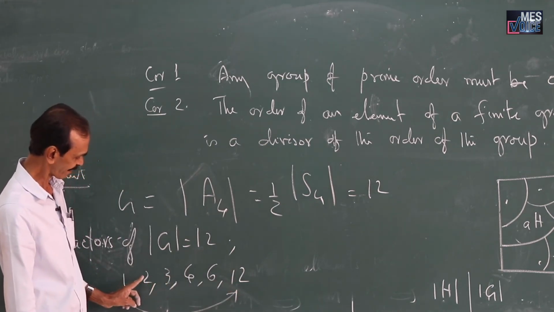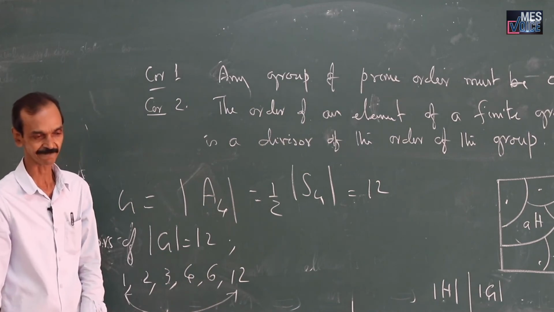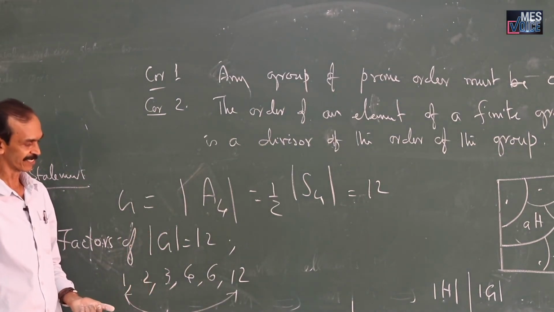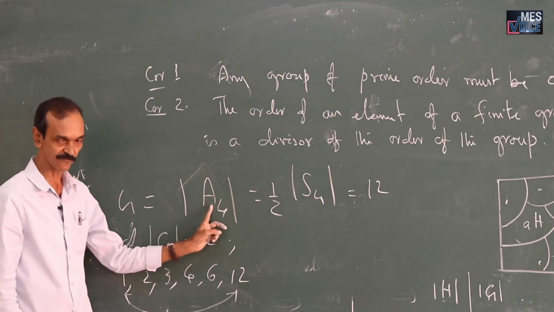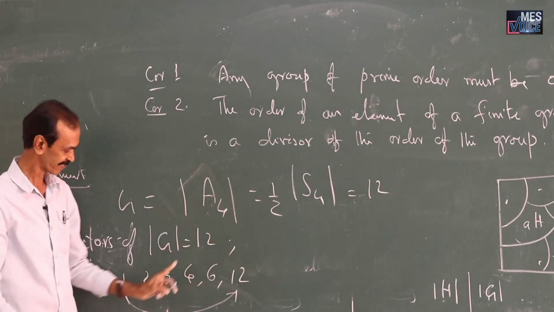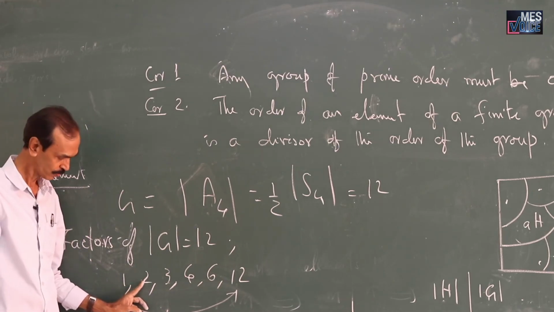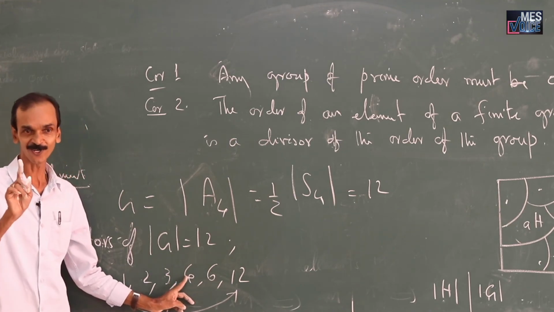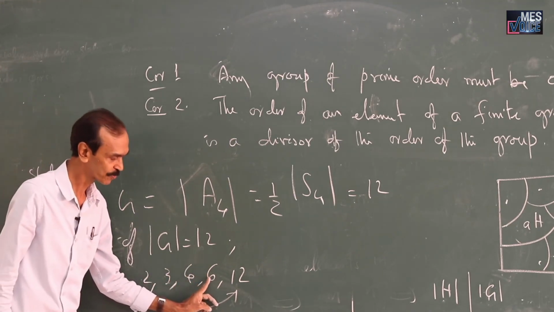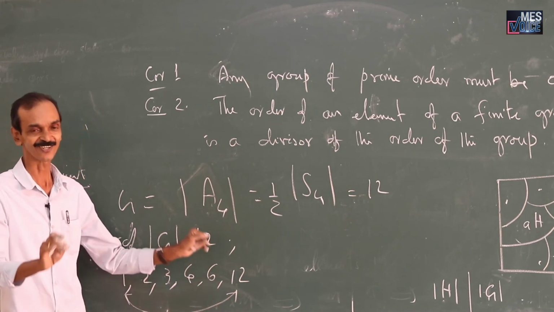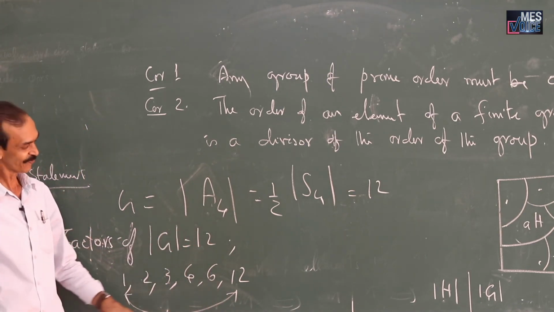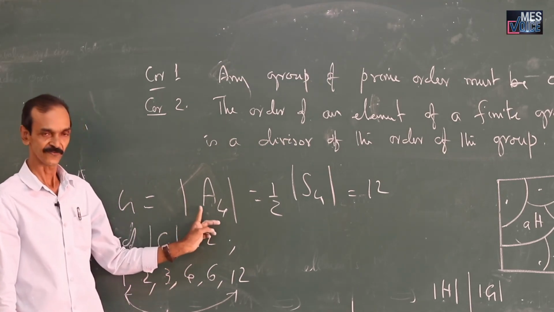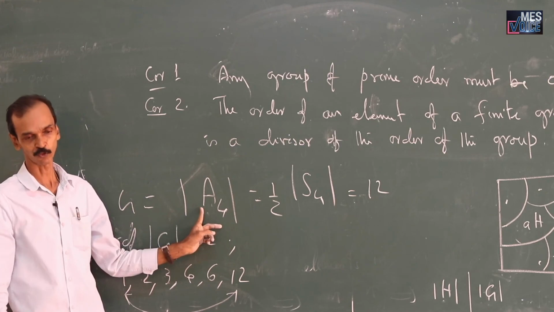Take the cardinality levels 2, 3, 4 and 6. By actual computation or looking at the structure of A4, one can easily find subgroups of order 2, subgroups of order 3, subgroups of order 4, but subgroups of order 6 are not there. What does it mean? If you take any combination of 6 elements from this A4, you cannot form a subgroup.